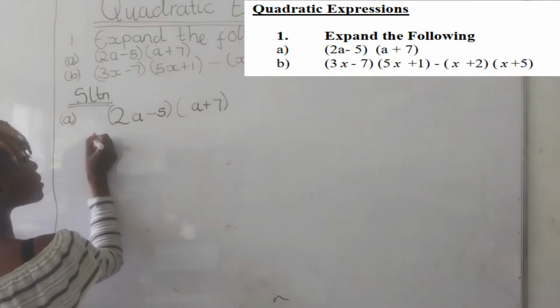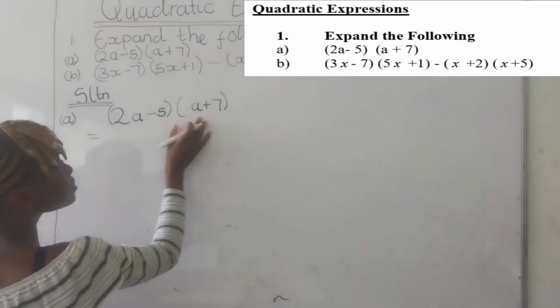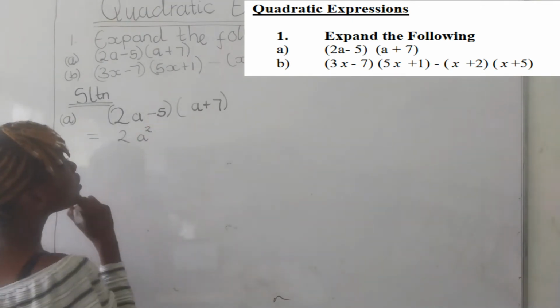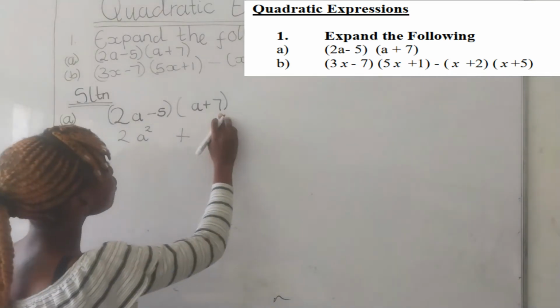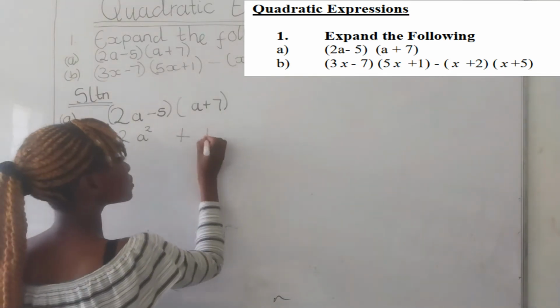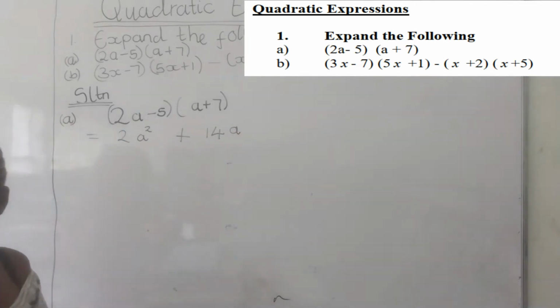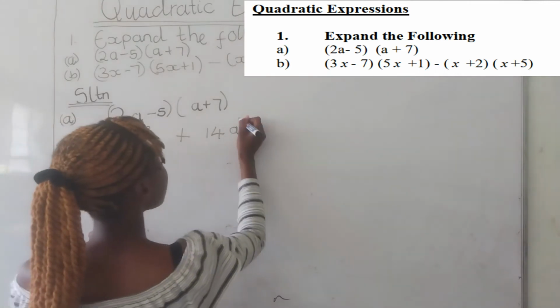Okay, so to simplify this, I'll expand 2a times a, which is going to give me 2a squared. Then plus 2a times 7 is going to be 14a.